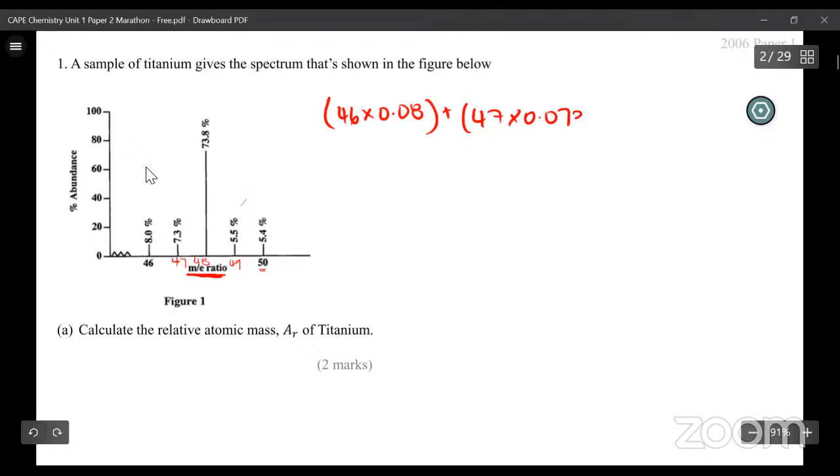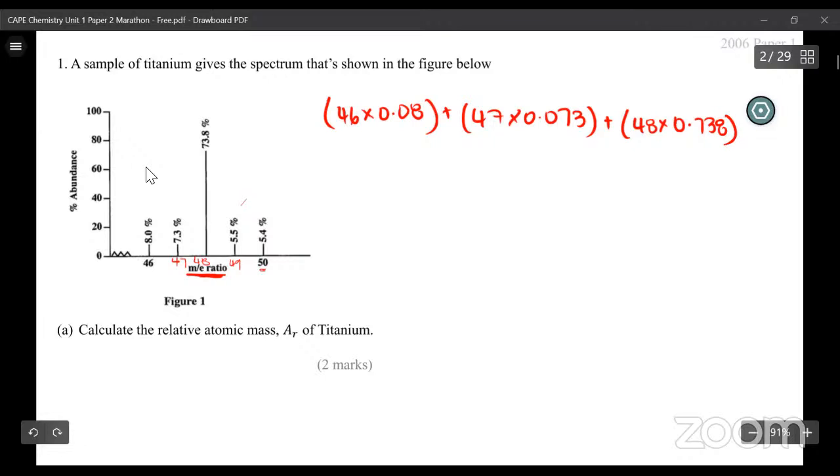Right? Add that as well to this here, 48 times 73.8%, which is 73.8 over 100, or 0.738, right?